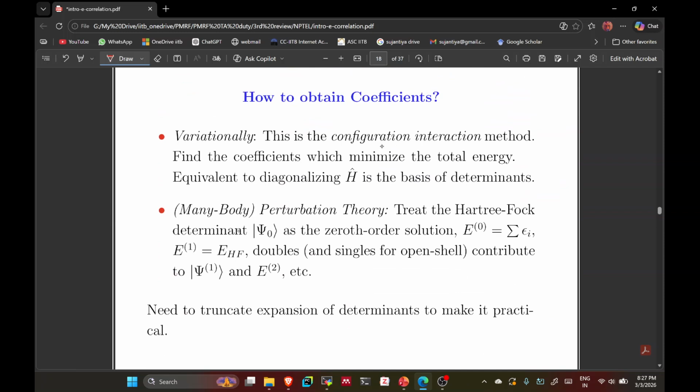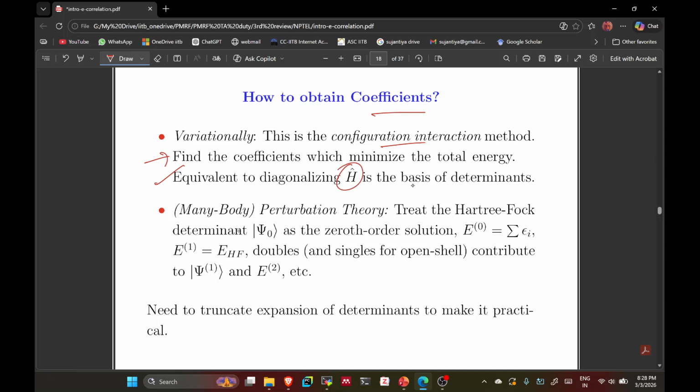Now, how to obtain the coefficients? Variationally, this is the configuration interaction method. Find the coefficients which minimize the total energy, equivalent to diagonalizing the H in the basis set. This is a very important statement: for the configuration interaction, you can find the coefficients variationally, or you can diagonalize the Hamiltonian matrix in the basis of determinants.